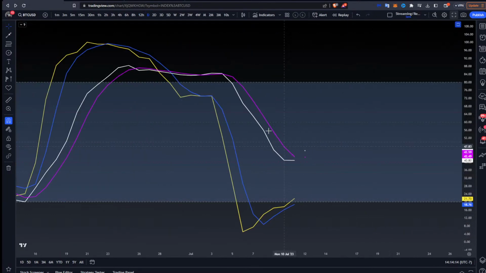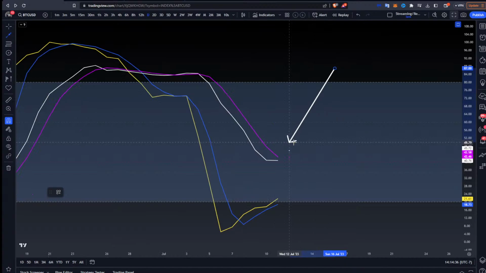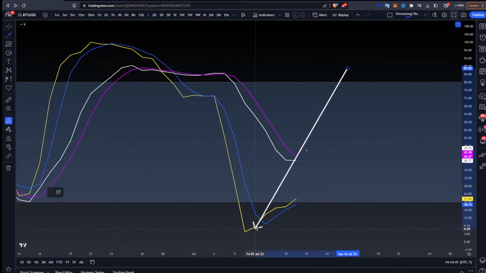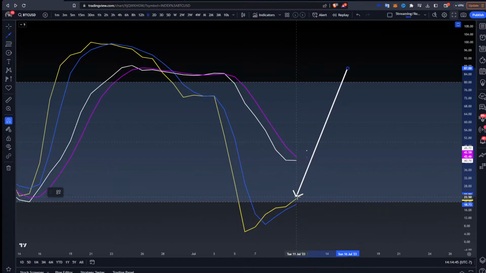We can see that a regular Stoch indicator, which is your close over close momentum, is projected, if Bitcoin closes here or higher today, to get an initial cross up right at the edge of the bearish control zone. And that's a pretty good area to see a bounce in. And that Stoch RSI, which is your velocity of RSI, is turned up and starting to head out of the oversold zone here on the daily.